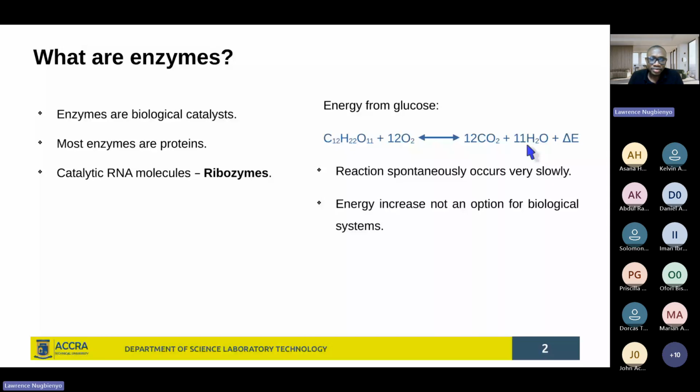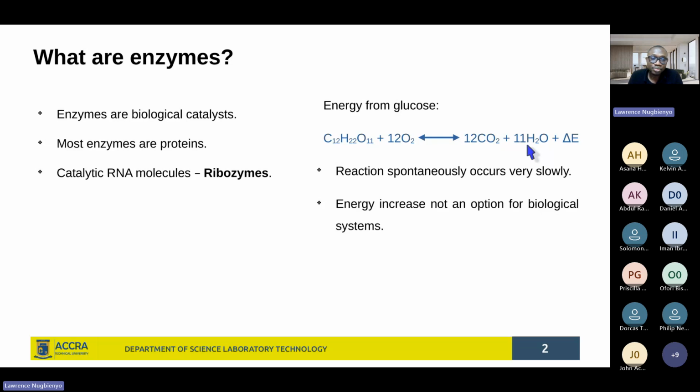So we have what we refer to as enzymes, which are mostly proteins that are responsible for catalyzing biochemical reactions, I mean, to speed up the rate of the reaction. These are biocatalysts, and most of them are proteins.